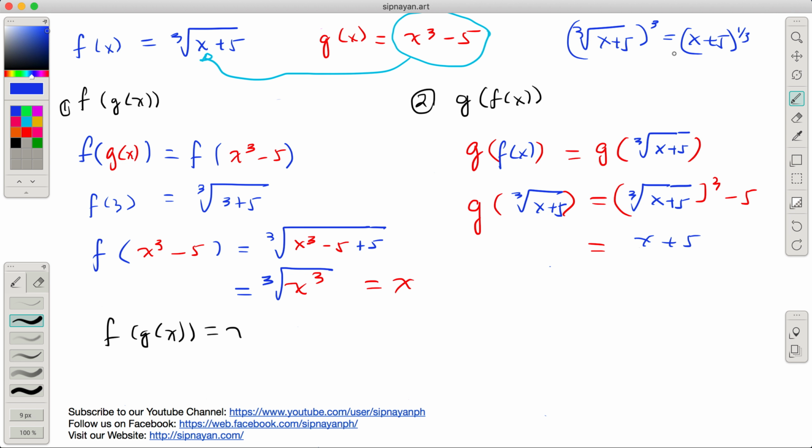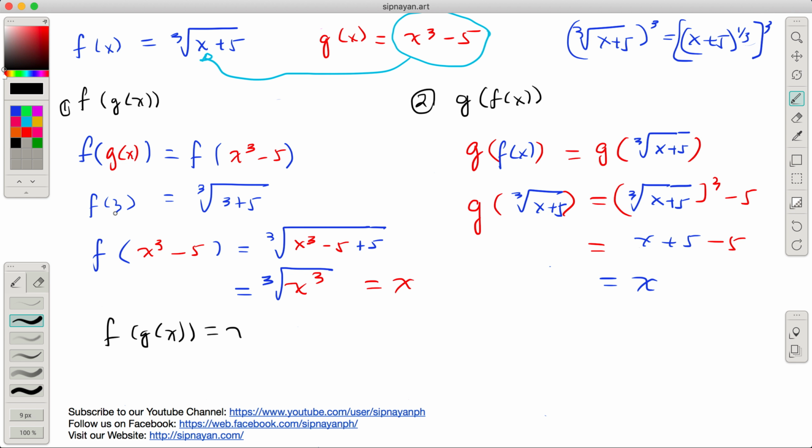Kasi ang cube root is 1/3. And then raised to the third power. So, by laws of exponents, ang 1/3 times 3, no? Ay 1, di ba? Multiply natin to. So, x plus 5 na lang siya, kaya siya naging x plus 5 dito. No? And then you have a minus 5 here. So, magiging x na lang siya. So, this is equal to x.